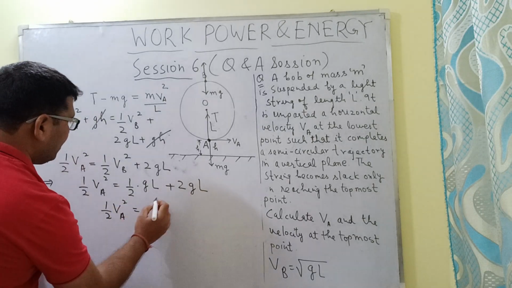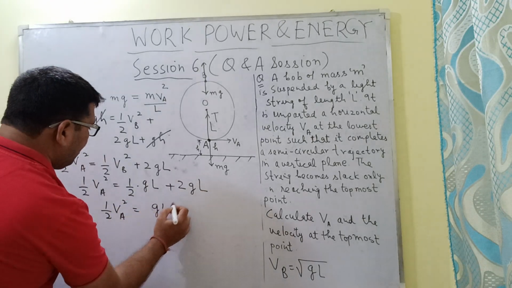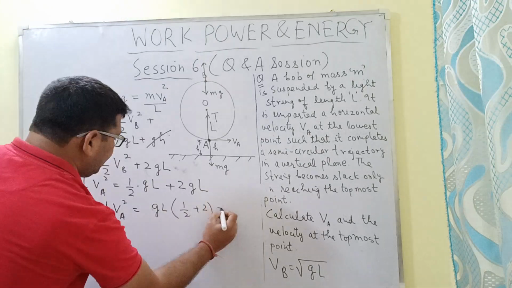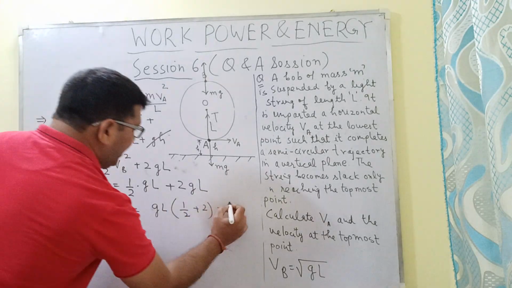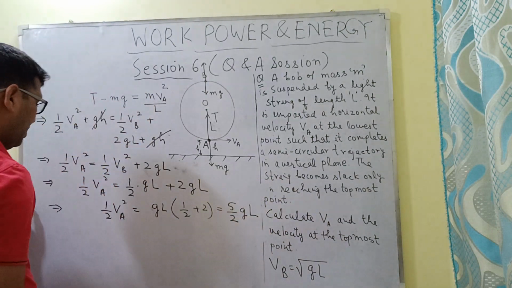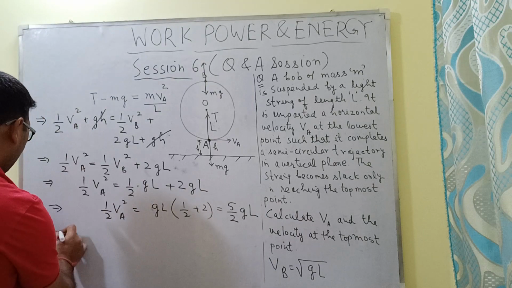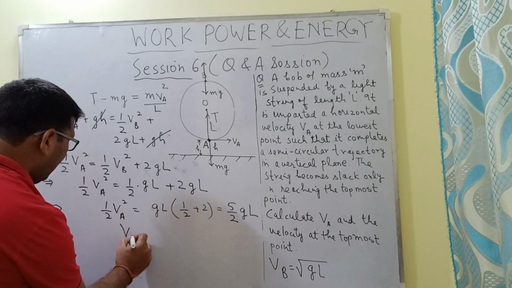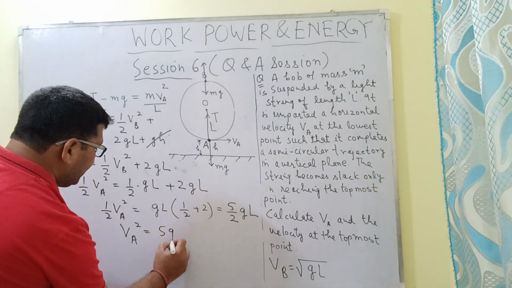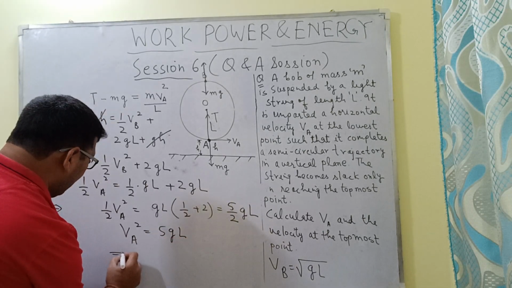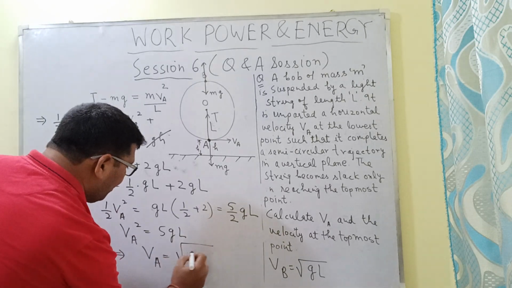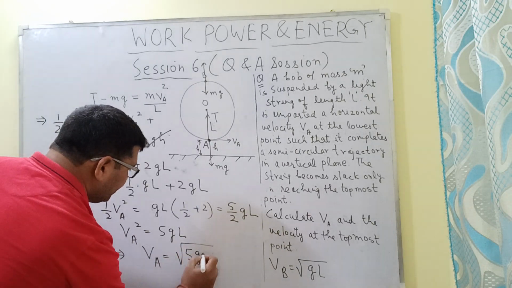Taking gL as common, I get half plus 2, which is equal to 5 by 2 gL. So it implies that VA square is equal to 5gL, or VA is equal to under root of 5gL.